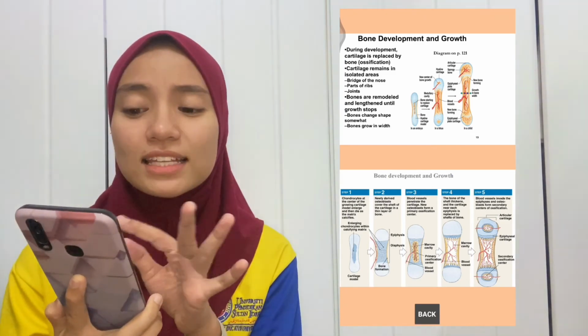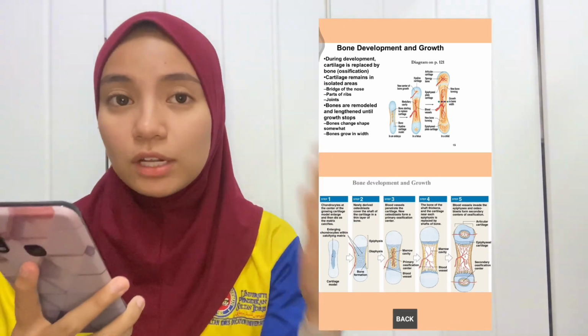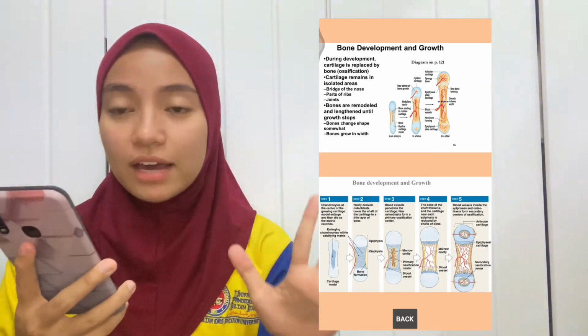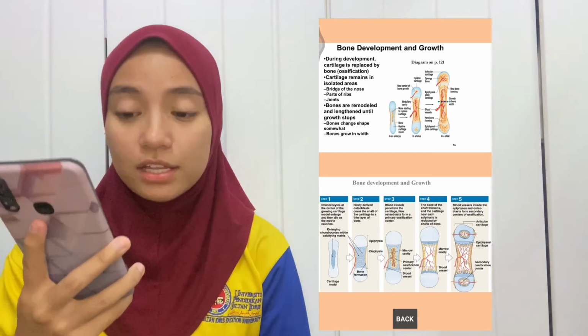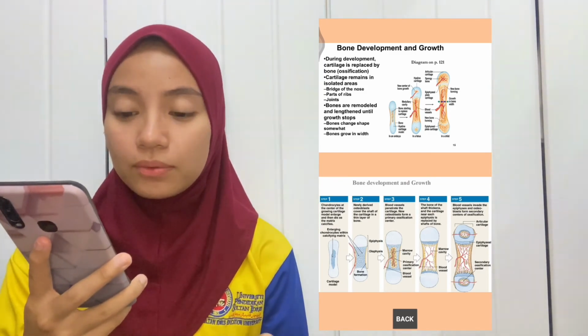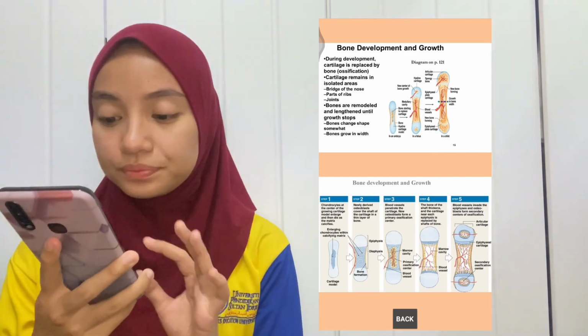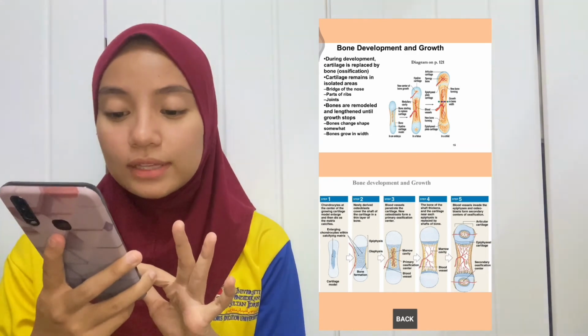So this is the picture of bone development and growth. Below the note we have five steps for bone development and growth. So you can see step 1, step 2, step 3, step 4, and step 5. Then we go next.